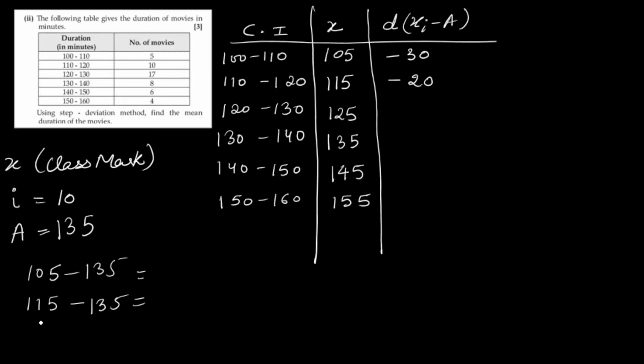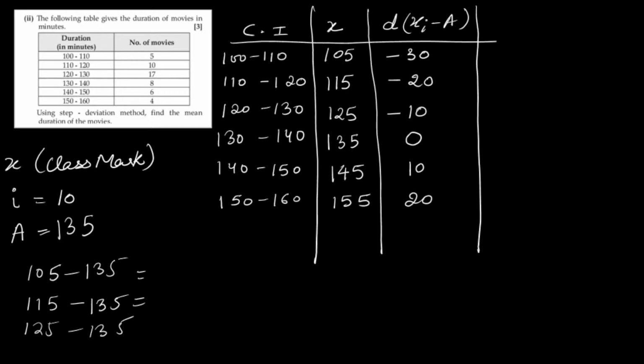Then 125 minus 135, minus 10. Now 135 minus 135 is 0. 145 minus 135 is 10. 155 minus 135 is 20. So we have found the deviations.